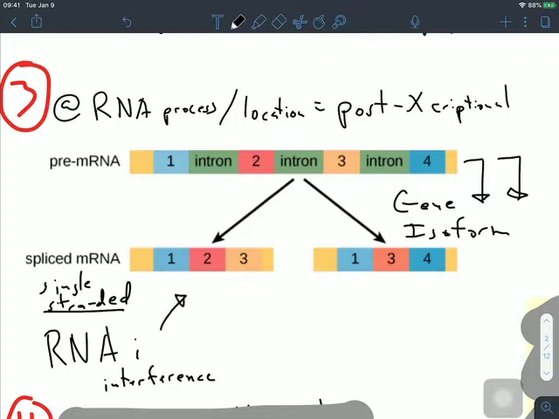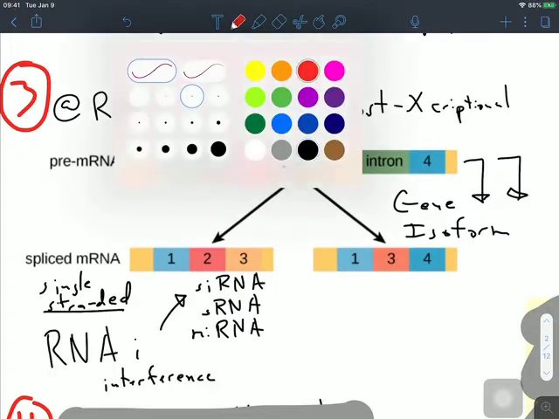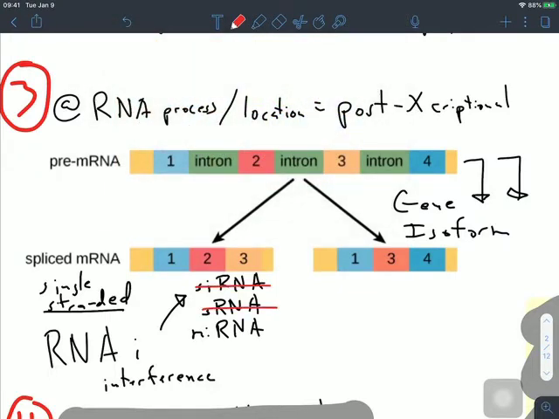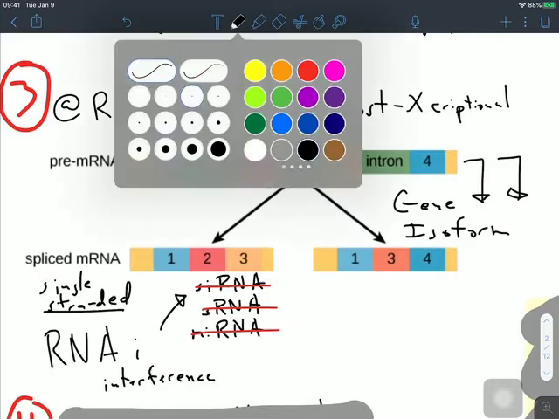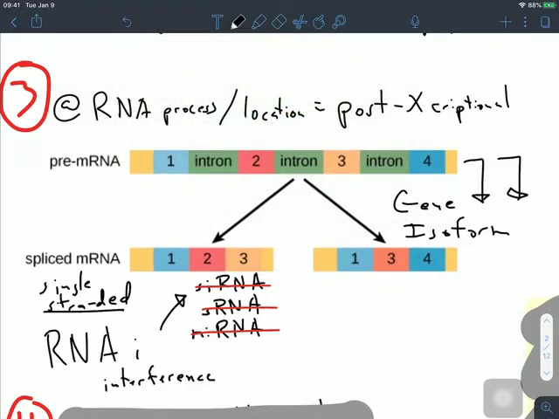RNAi can be accomplished with either short interfering RNAs, siRNAs, short RNAs, or microRNAs. Not that y'all need to keep track of any of these in particular, but just know that they have slightly different mechanisms to have essentially the same product of interference.